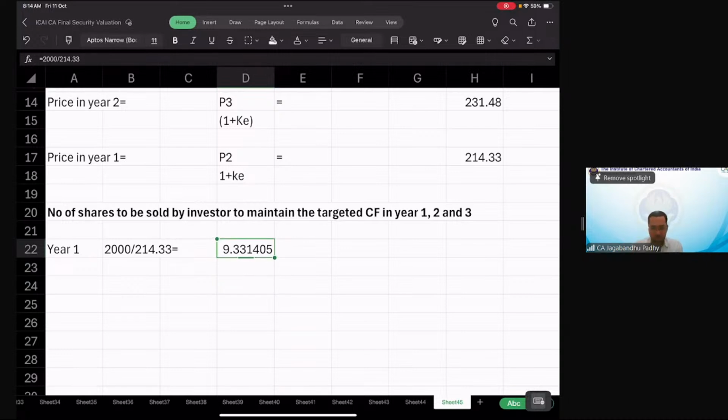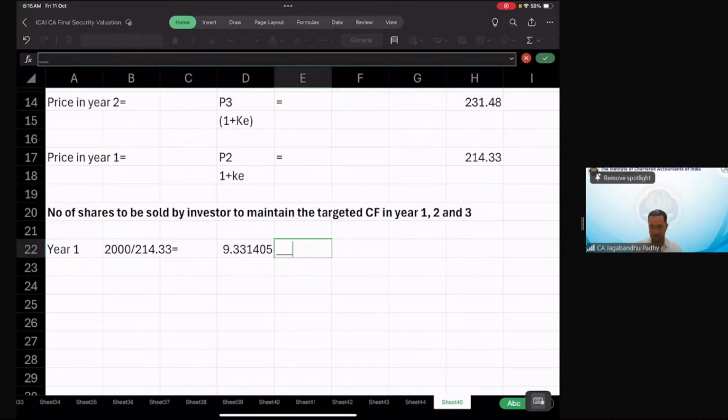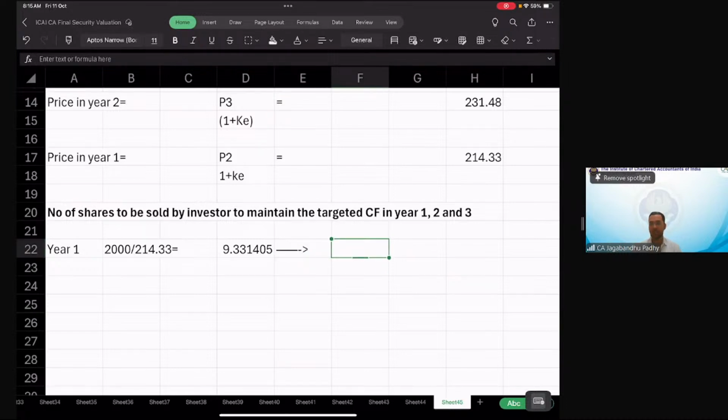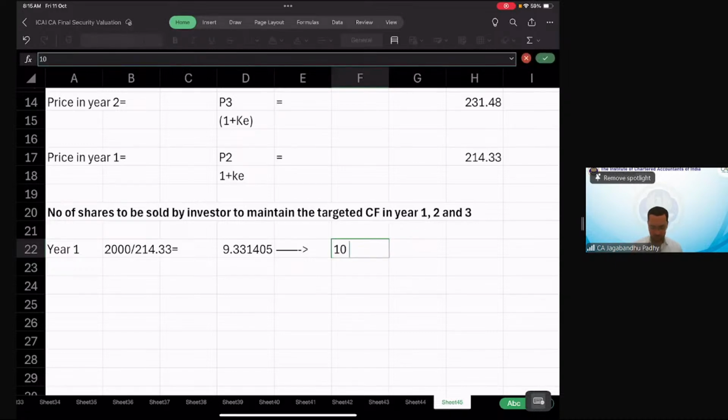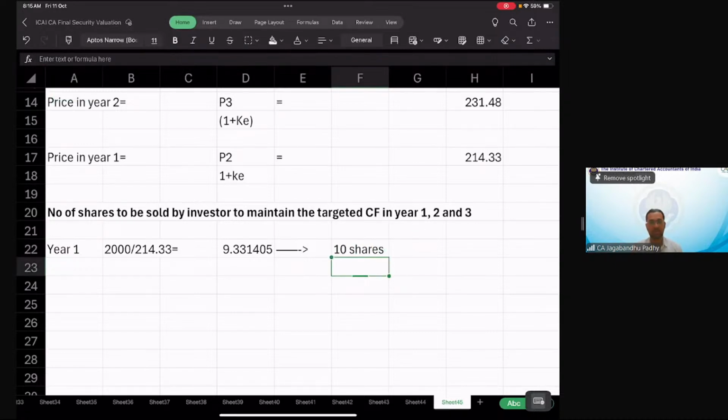So how many shares will he have to sell? Of course, he cannot sell partial shares. And if he sells 9 shares, he will not be able to get 2,000. So anything above 9, obviously, he'll have to sell 10 shares.